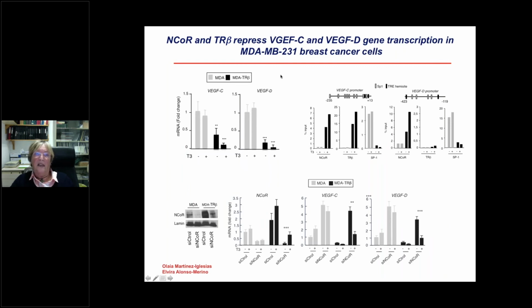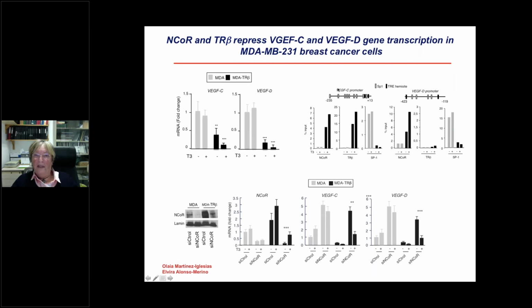And interestingly, in triple negative breast cancer cells expressing thyroid hormone receptor beta, we could observe that the transcription of these genes was very strongly reduced with respect to the parental cells.